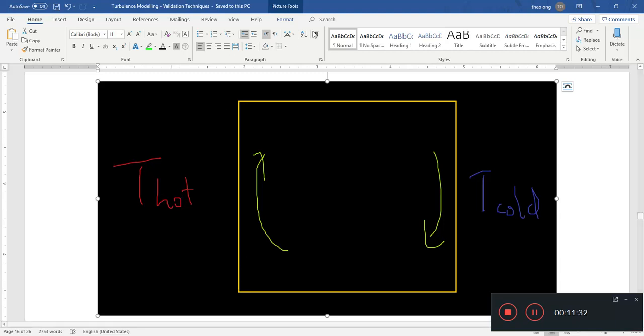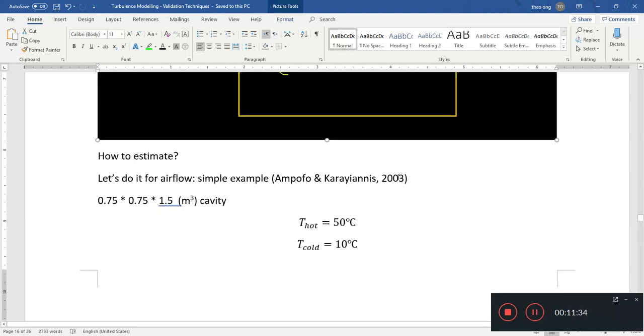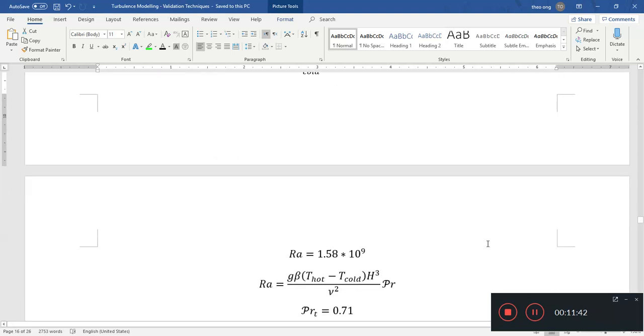So this is not a 2D problem, this is actually a 3D problem. But they try to make the depth of the cavity big enough so that it essentially behaves like a 2D problem. But in actual fact, of course, it's 3D.